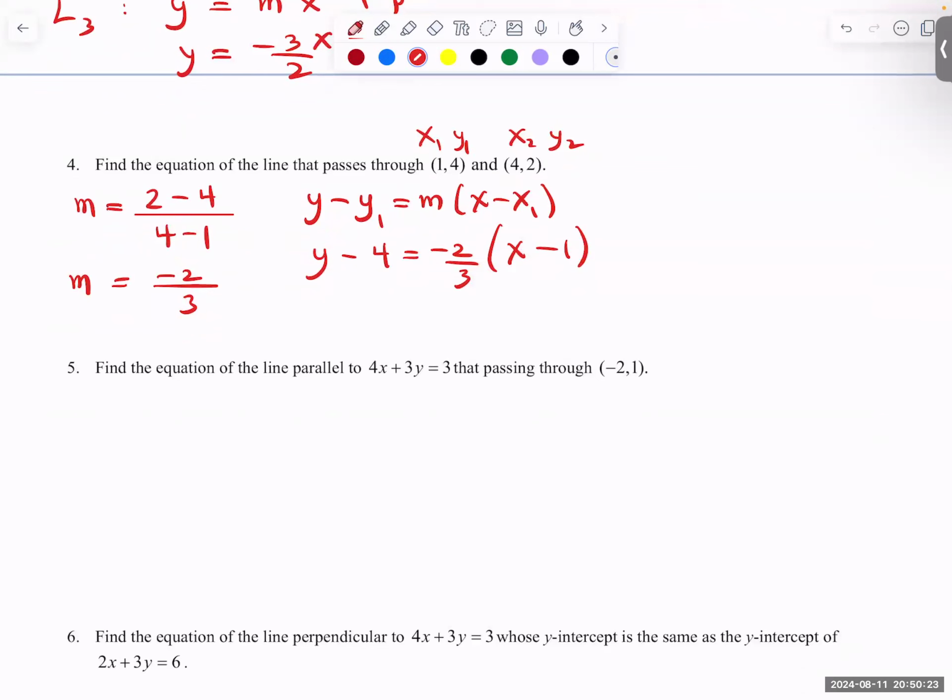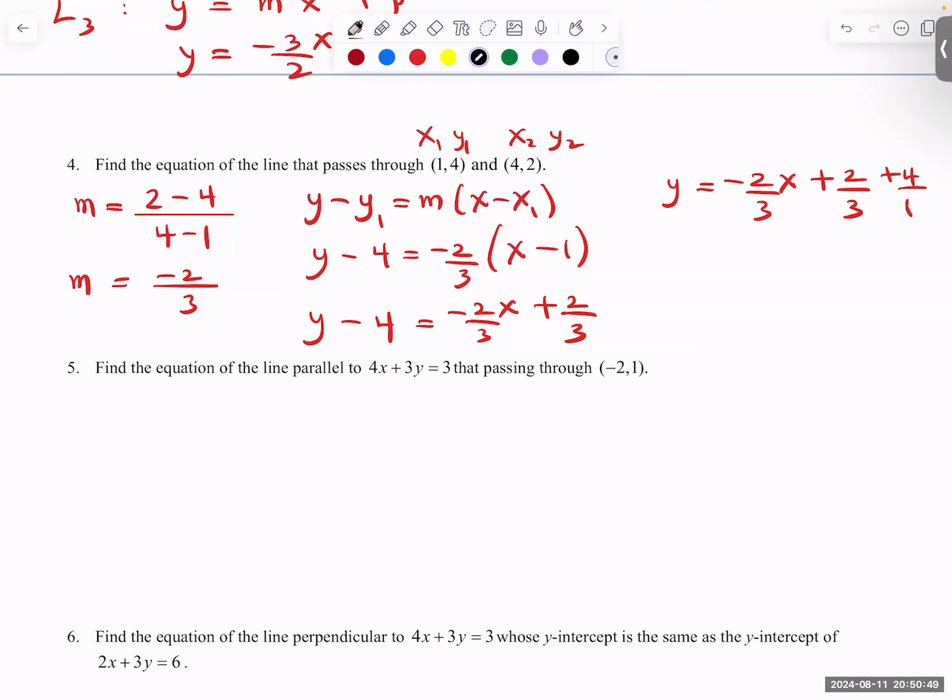If we want slope-intercept form, we'll solve for y. So let's distribute the -2/3 and then add 4 to both sides. So y equals -2/3 x plus 2/3 plus 4 over 1.